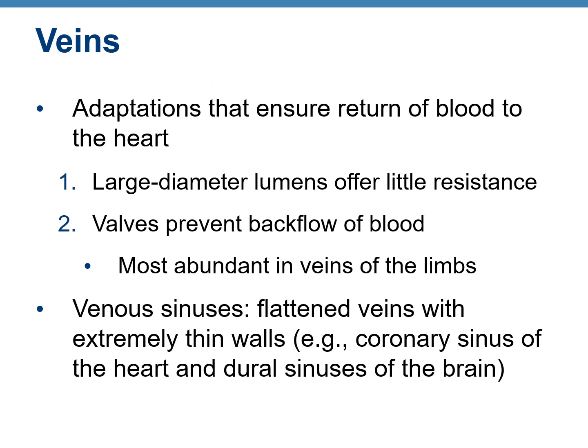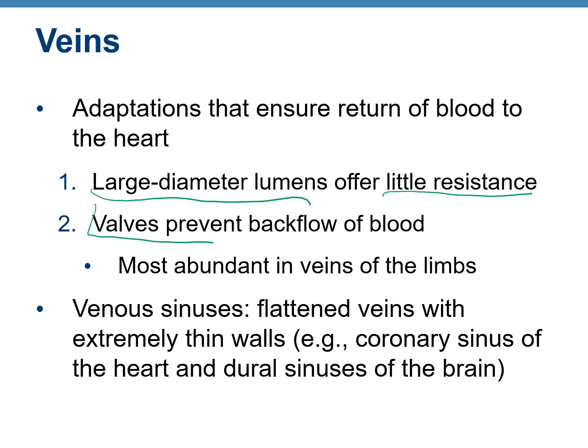So adaptations. Adaptations in veins that ensure return of blood to the heart, because we don't have the pumping action of the heart anymore to pump blood through the veins. That's why veins have larger diameter lumens that offer little resistance.